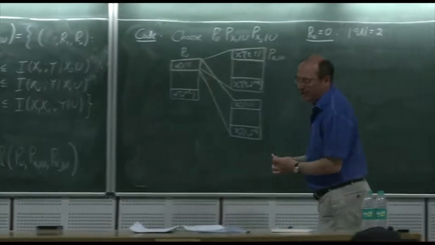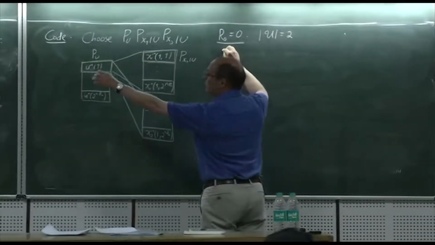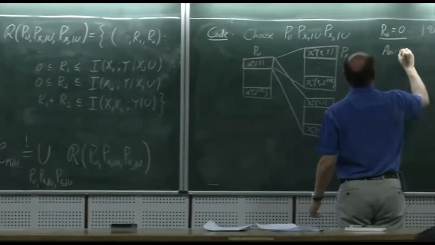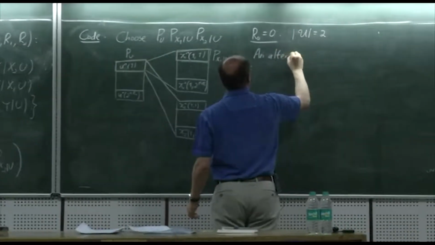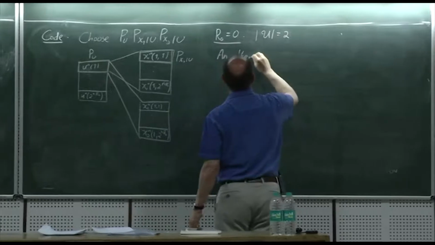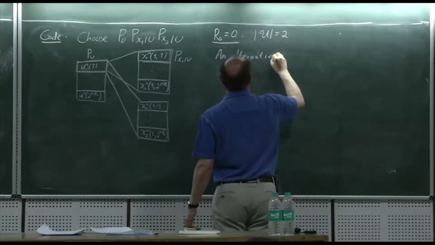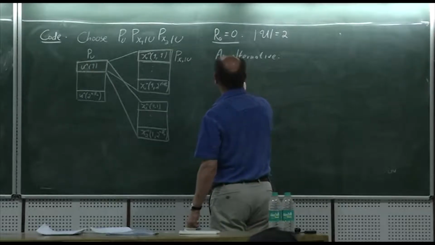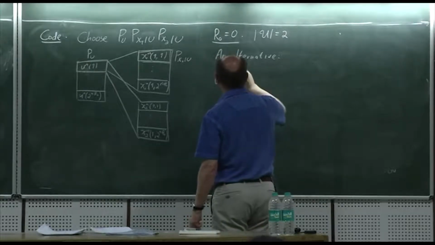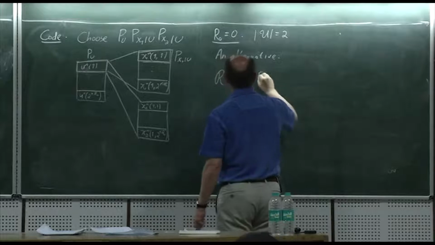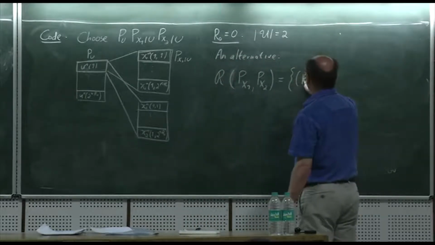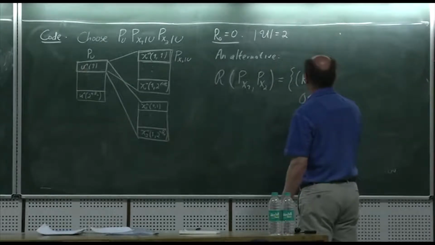Now, traditionally, an alternative capacity expression that you'll find in almost all books and papers is the following. Let's look at the region p(x1)p(x2), so x1 and x2 are now statistically independent. And we look at the region of rate pairs R1 and R2 that satisfy the following 3 bounds.